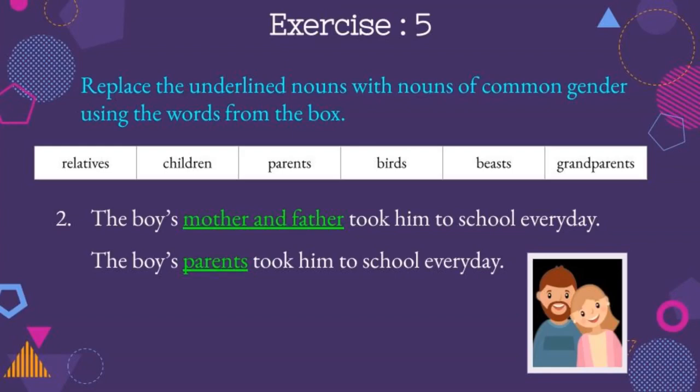So the second answer is: The boy's parents took him to school every day. Students, for the second sentence, you have to write the answer as: The boy's parents took him to school every day. Again I am repeating, write neatly and don't overwrite the words.